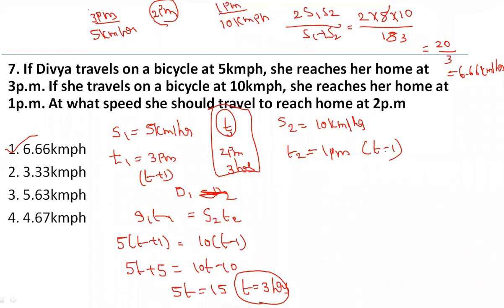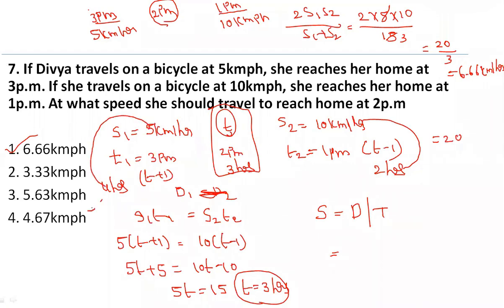Then the case 2 time duration is t minus 1, which will become 2 hours. And t plus 1 will become 4 hours. Okay. And what is the question they're asking? They are asking for the actual speed they have to maintain to reach the destination at 2 p.m. So distance, either you can take 10 into 2, 10 twos are 20, or otherwise you can take 5 into 4, 5 fours are 20.